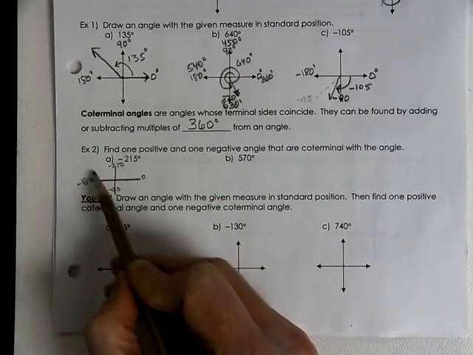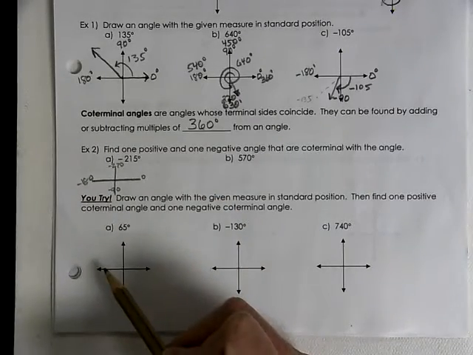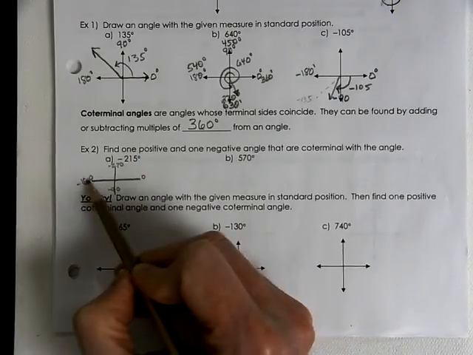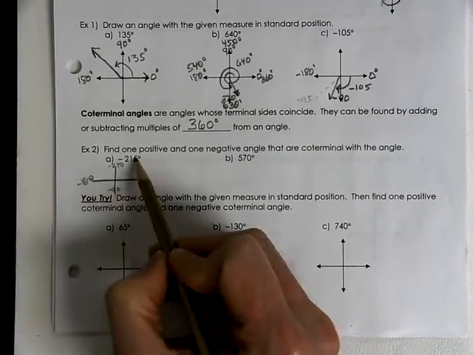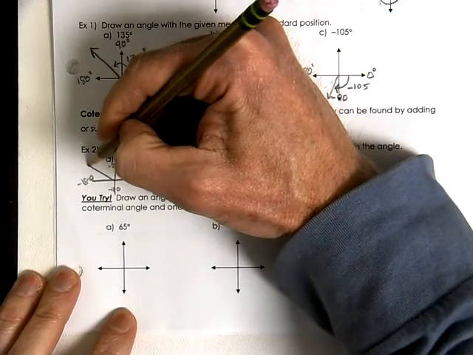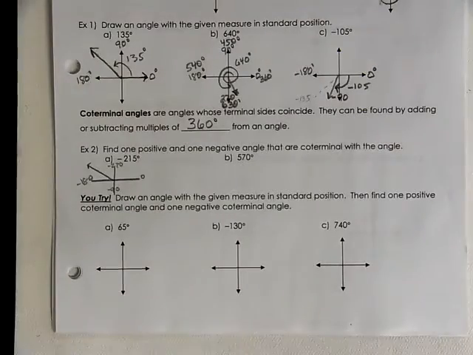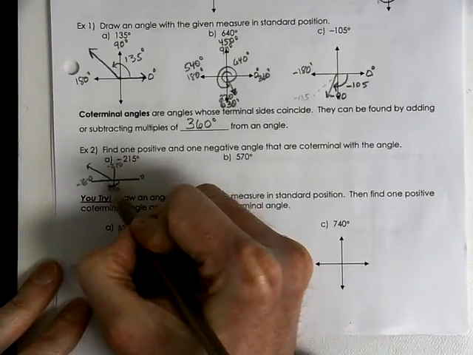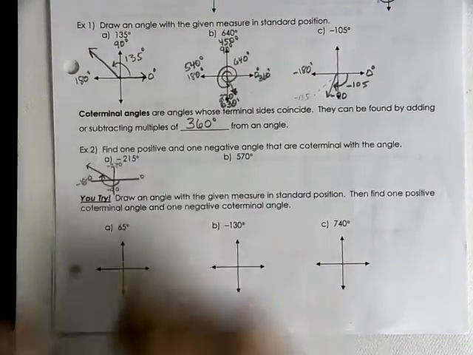So I know I'm over here in the second quadrant somewhere. I seem to be 35 degrees past the x-axis. That would be negative 210.